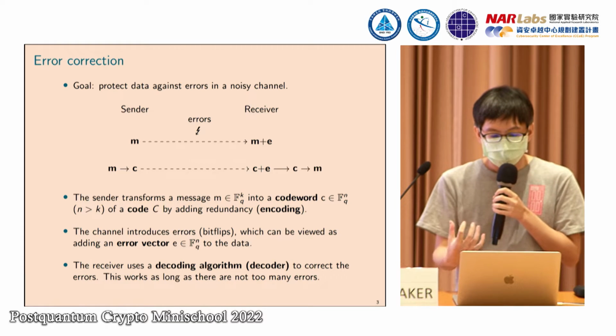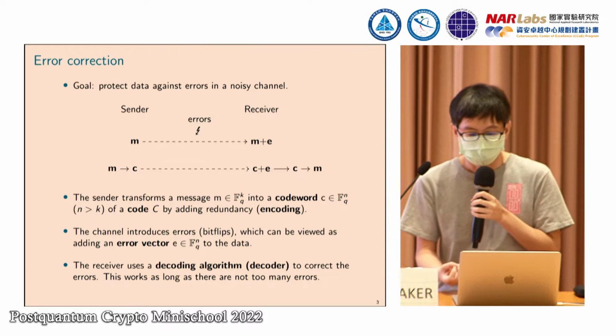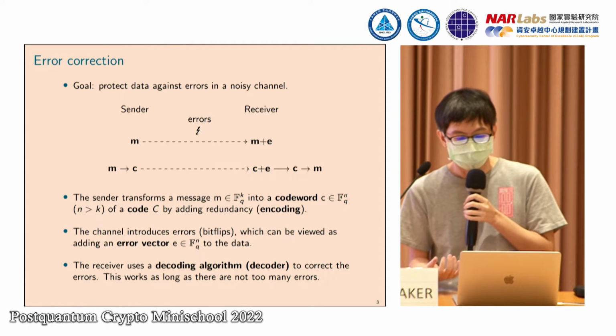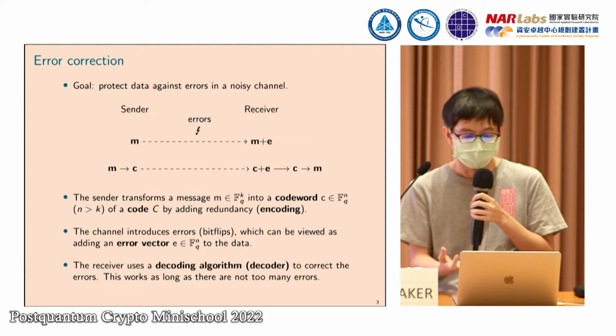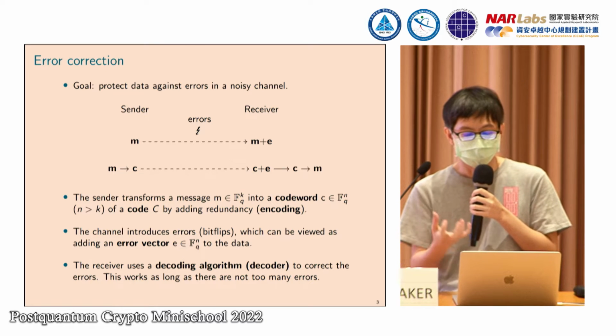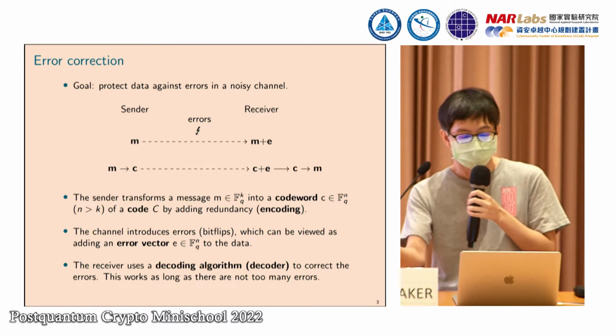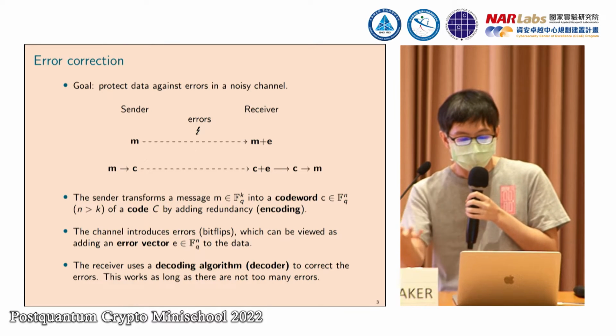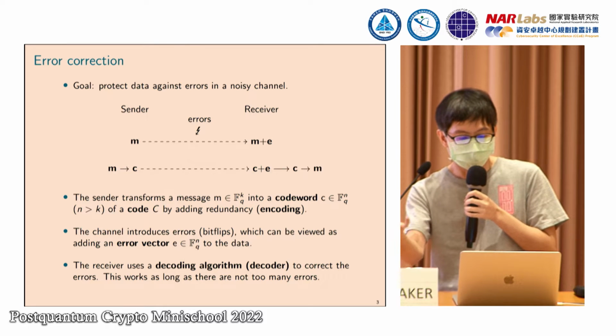So coding theorists started to think about how to deal with this. The method they came up with was to encode our message into a codeword. A codeword is a vector in a larger space, and this larger space is a specific set of vectors.